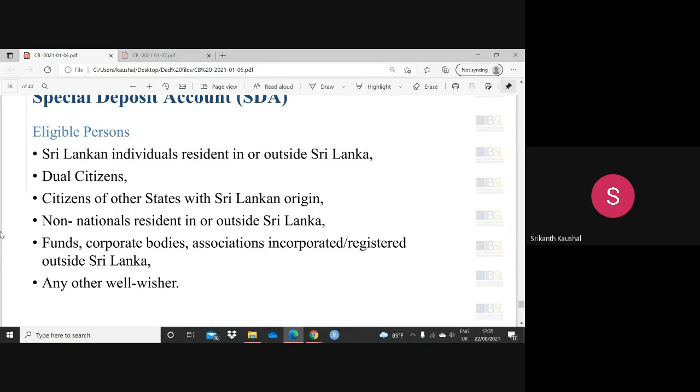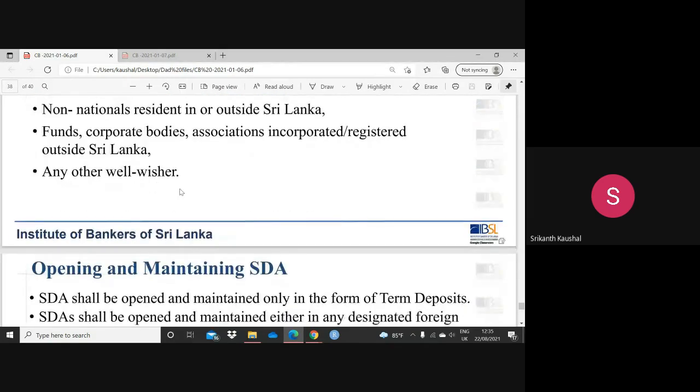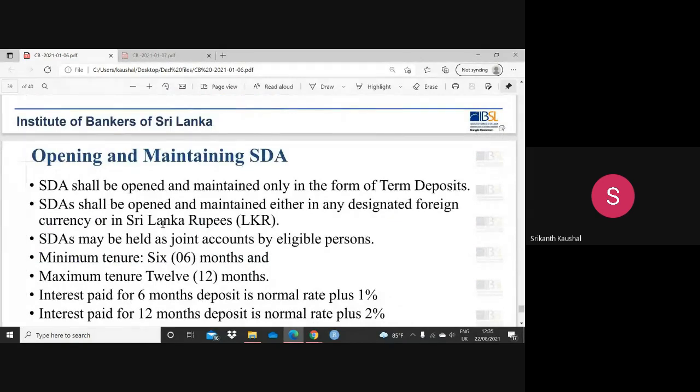That is the anticipation. So the SDA shall be opened and maintained only in the form of a term deposit. It is not a savings account. It is only a term deposit. The SDA shall be opened and maintained either in foreign currency or LKR.